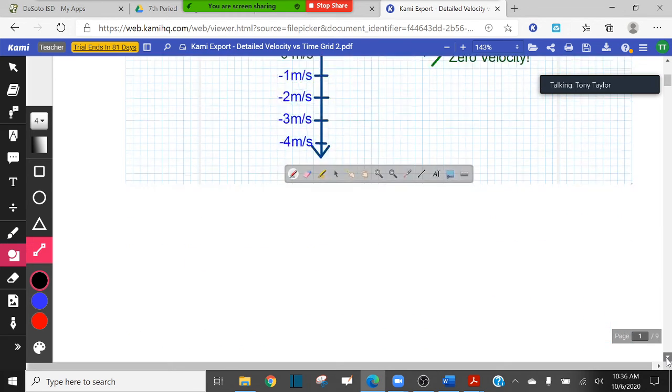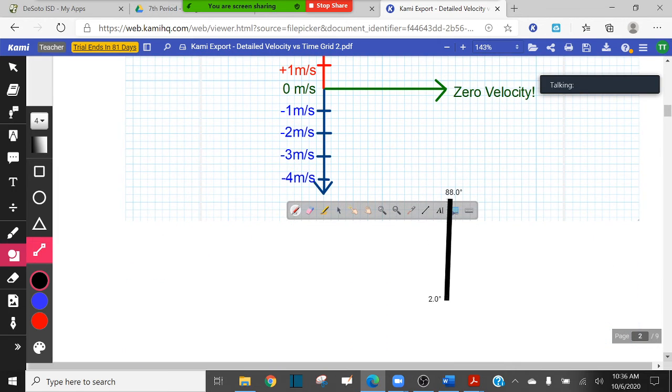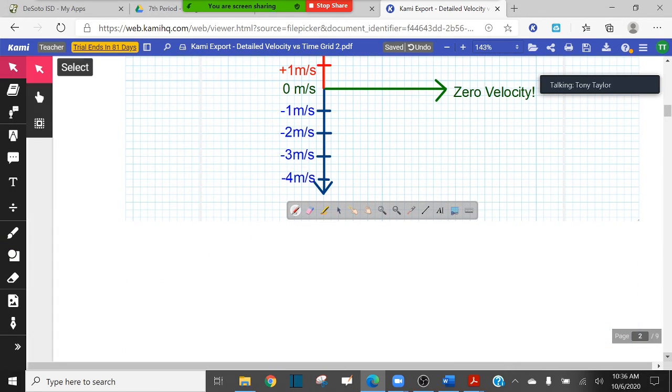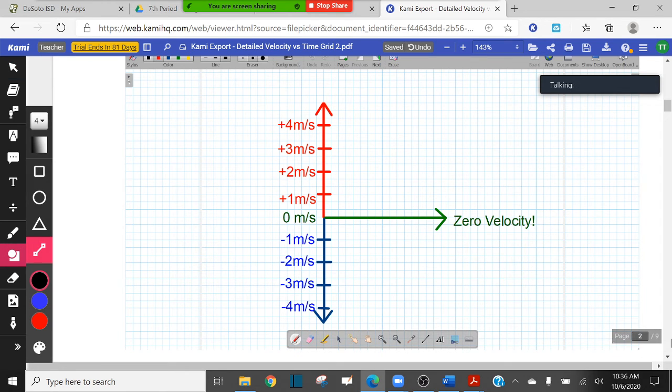Okay, let's look at some more examples. What if I gave you something that looks like this? What if I gave you this for a velocity versus time graph? I want you to notice two things.